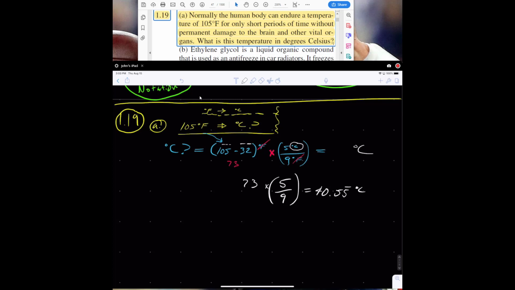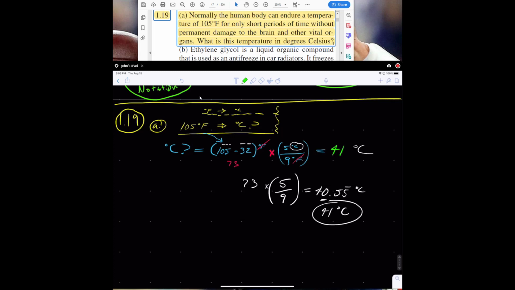So we're going to take our answer of 40.55 repeating and round it to 41 degrees Celsius, okay? So that's what our answer is.